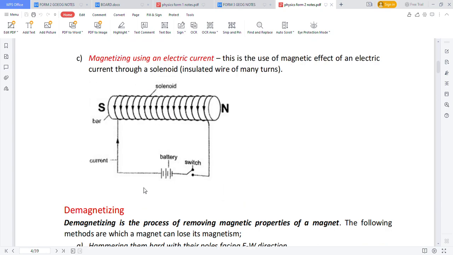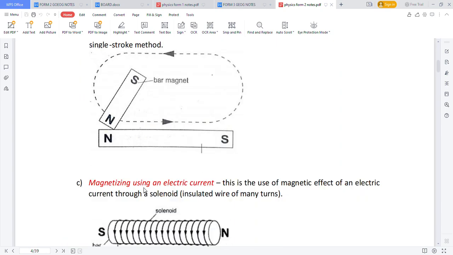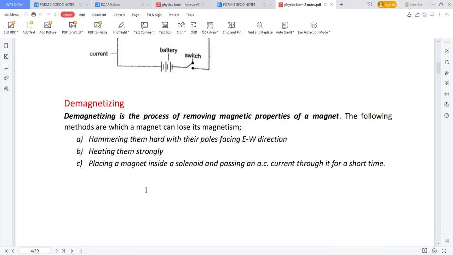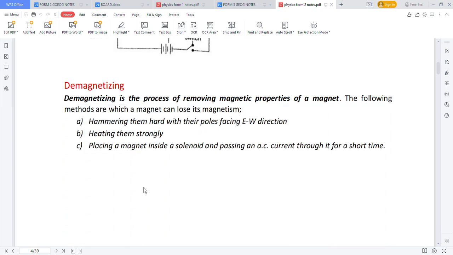Demagnetization. You also have hammering. So what is demagnetizing? Demagnetizing is the process of removing the magnetic property of a magnet. The following are the methods that are used to demagnetize a magnet.